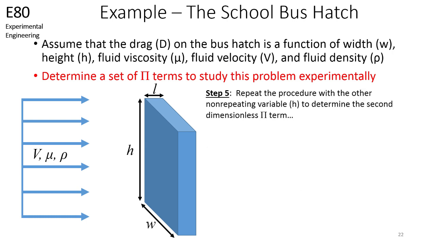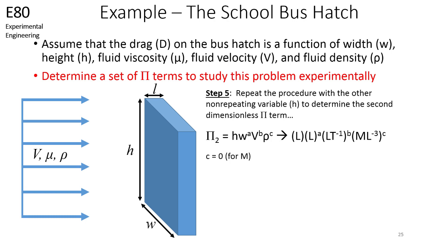Let's repeat the procedure for the next non-repeating variable h to get the second pi term. Again, we multiply the non-repeating variable h with the repeating variables w, v, and rho with exponents a, b, and c, respectively. We again express the variables in terms of their dimensions. Let's again focus on mass m.